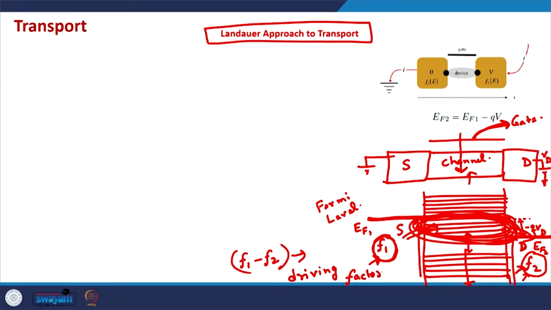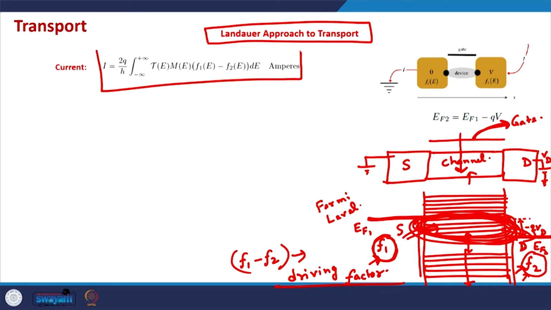And if you recall our discussion on the general model of transport, the current is given by this equation, where the current is a constant times the number of modes in the device and the difference of the Fermi functions integrated over all possible energy values. And if there is scattering in the channel, if the channel is a diffusive channel, in that case we also need to take into account the transmission coefficient.